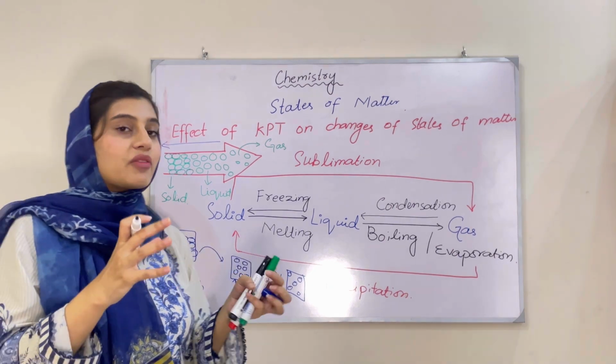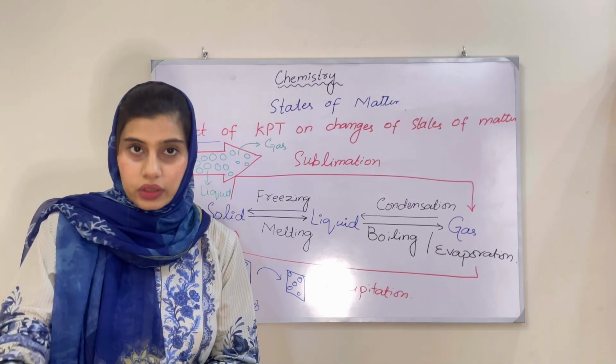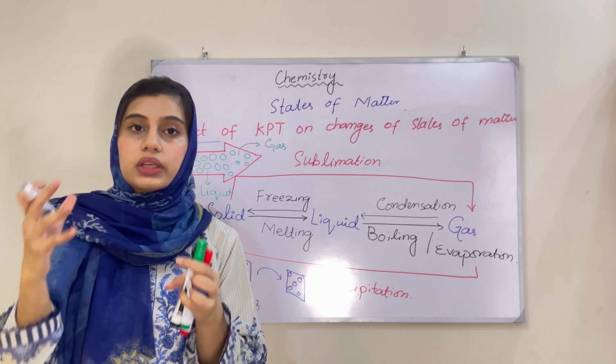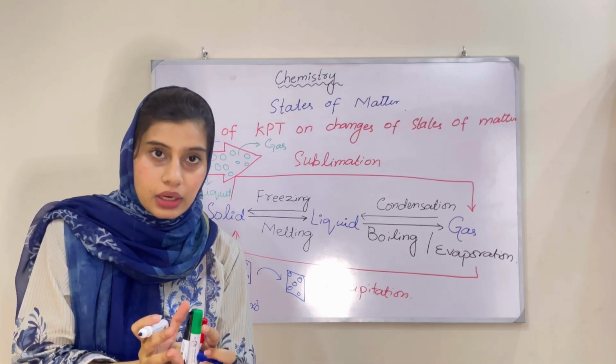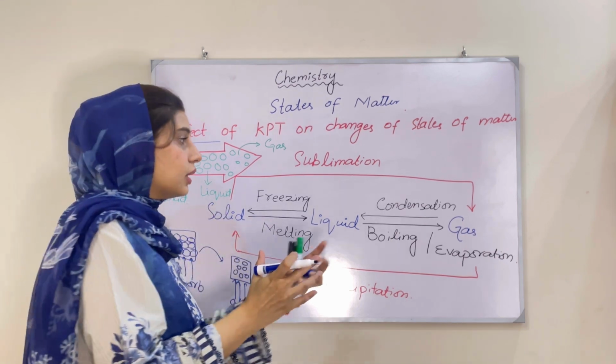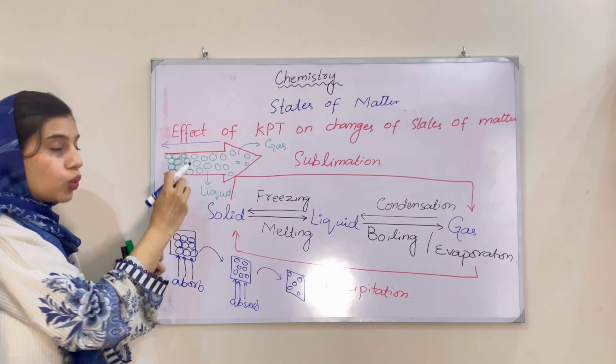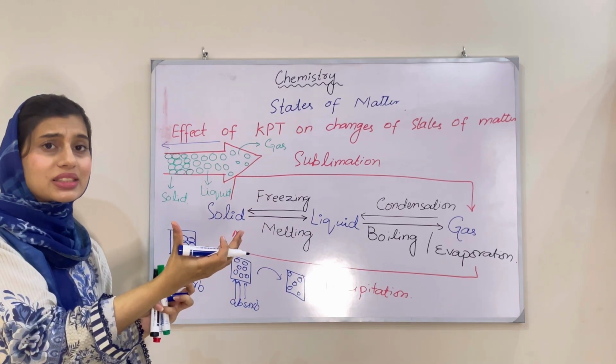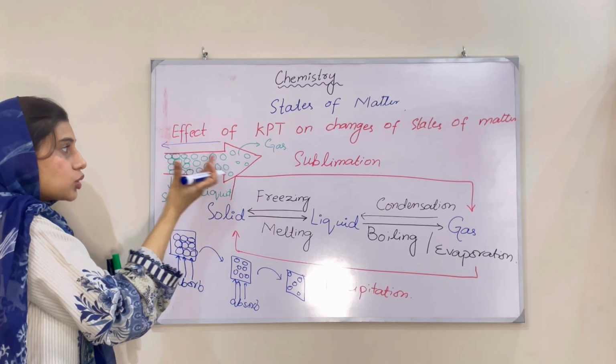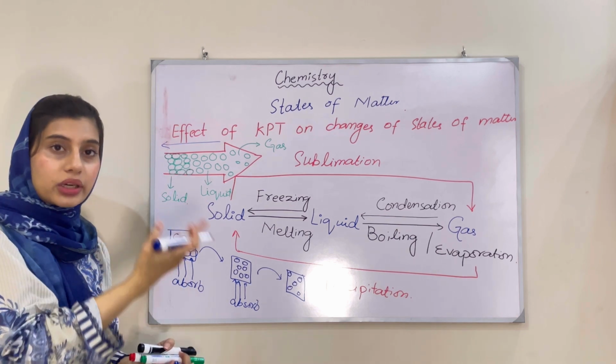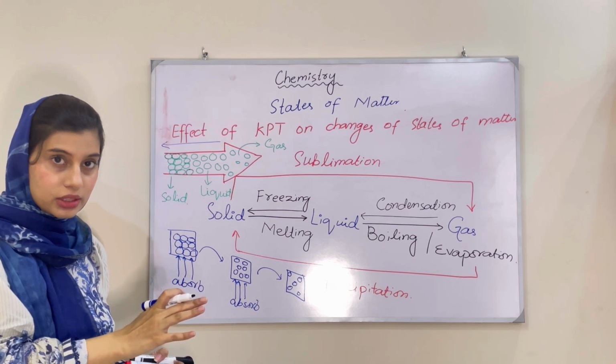The molecules which have excessive energy will release it, the movement will slow down, the molecules will start coming close to each other, and states will change inversely. Clear this point?